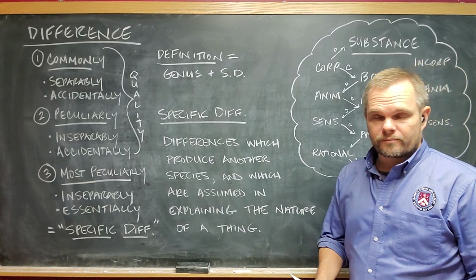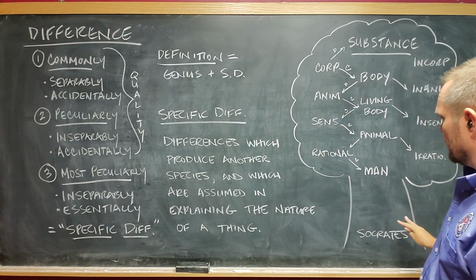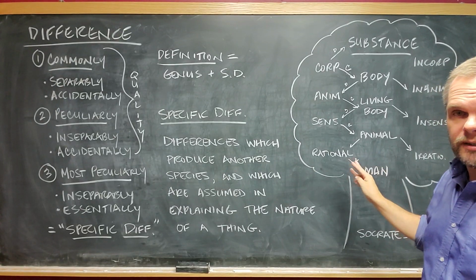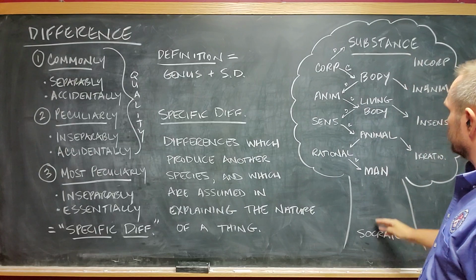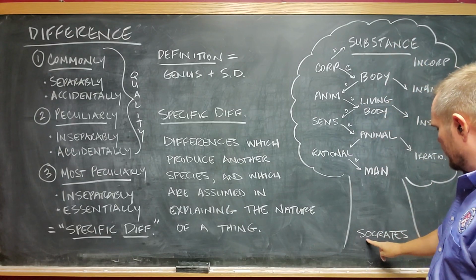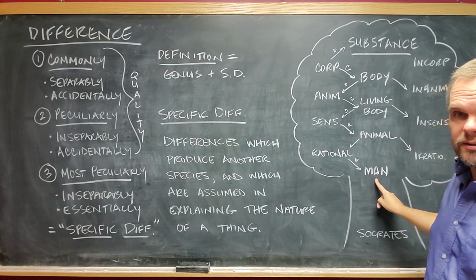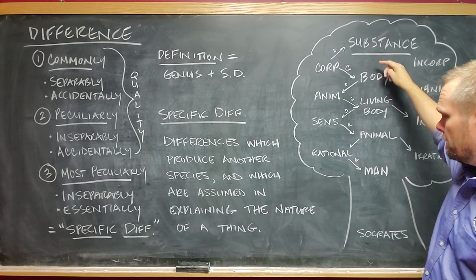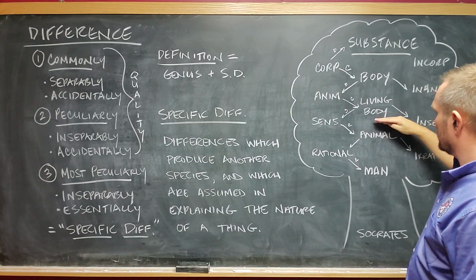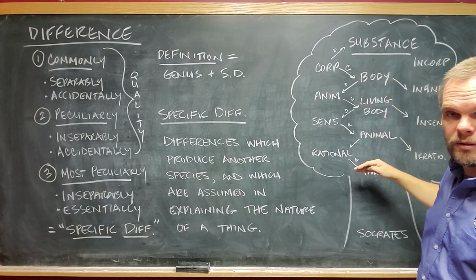All right? So the tree of Porphyry, which takes some time to get used to, helps us to understand not only the relationships between an individual, a most special species, and a most general genus, but all the subaltern or media between the extremes.